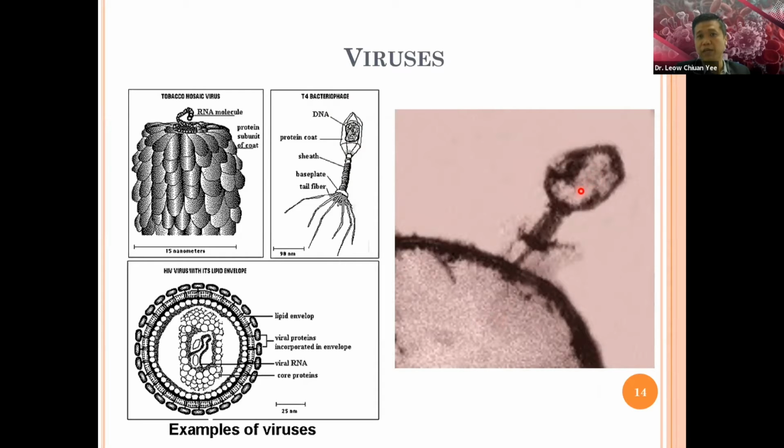We call it a head over here. It has a tail, the end tail here. So they will inject the genetic material through the membrane of the bacteria into the system. Once the genetic material is introduced into the bacteria, it will take over the host genome system to facilitate the bacteria to replicate their DNA, and at the same time make some protein to form their capsid again.